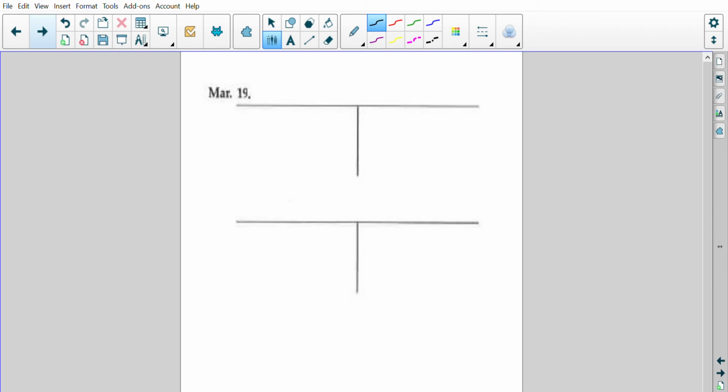Last transaction. The owner took out $200 cash. So the two accounts that are affected are cash and owner's drawing. In this case, John Jensen is the owner drawing. Cash is an asset. John Jensen drawing is an owner's equity account that will eventually reduce capital, right?